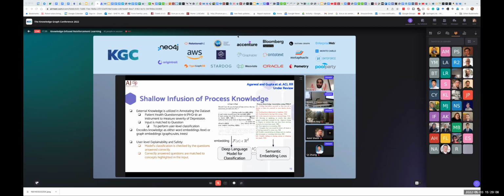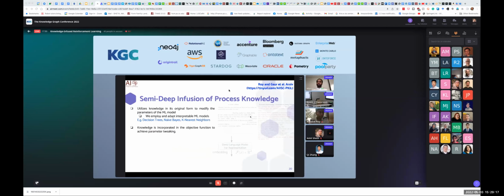In a semi-deep infusion structure, we stack the deep language models with an interpretable model like a decision tree. We all know that a decision tree is a good interpretable machine learning model and is capable of generating a tree structure.